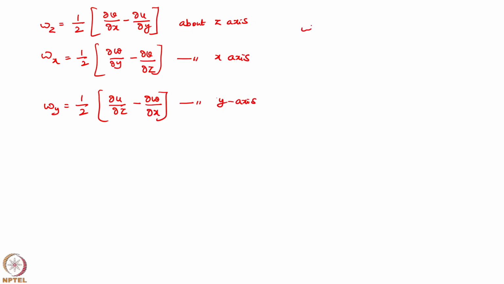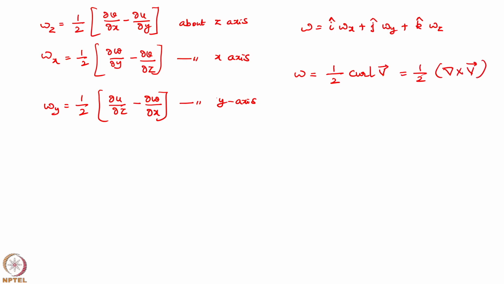So, omega equals i omega x plus j omega y plus k omega z. As you know, i, j, k are unit vectors in the x, y, z directions. So, omega is defined as half curl V, that is the velocity vector V. So, that is half of del cross V. What is del cross V?